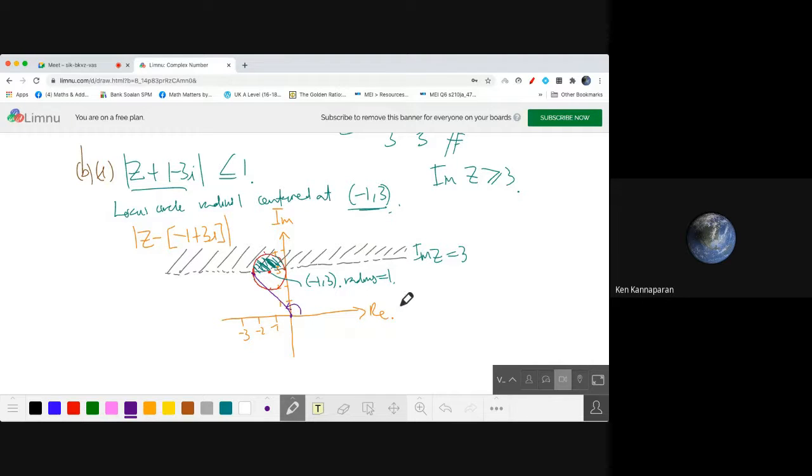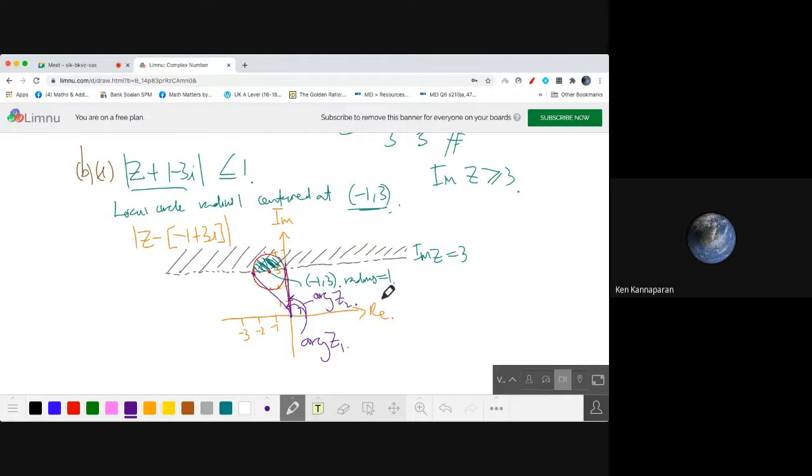And what's the least? This will be the least, which is the second line. So the first argument I'll write as arg z1, and the second one, right up to the imaginary axis, arg z2. Are you guys following?